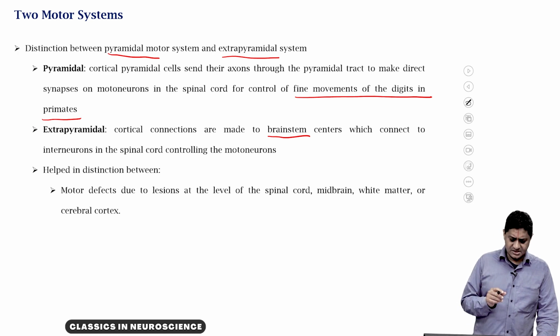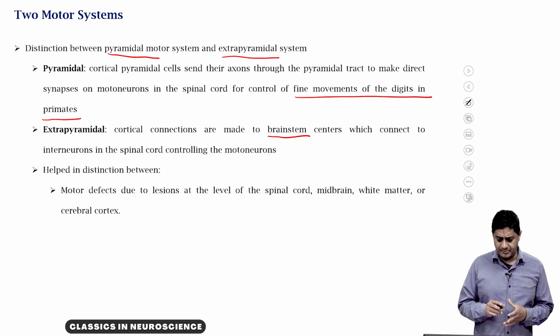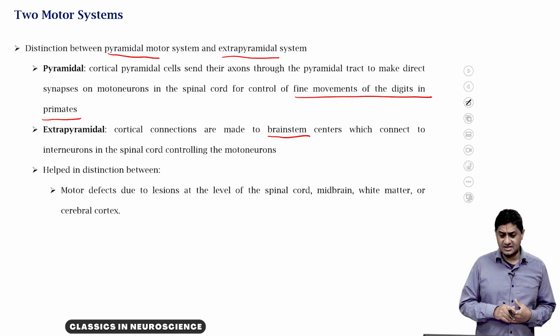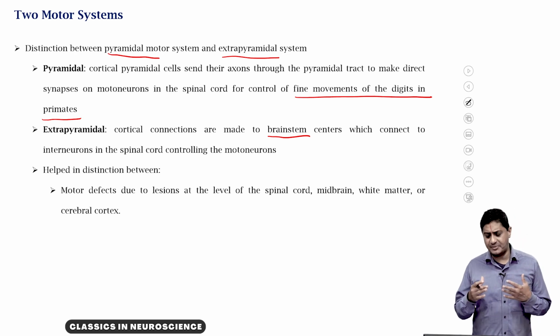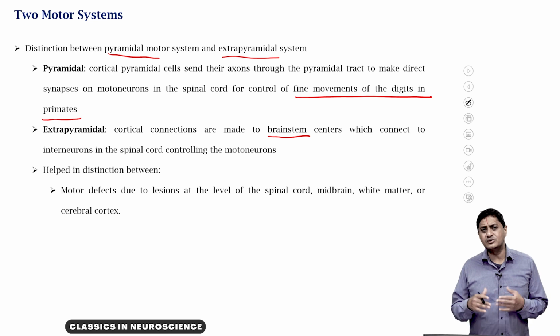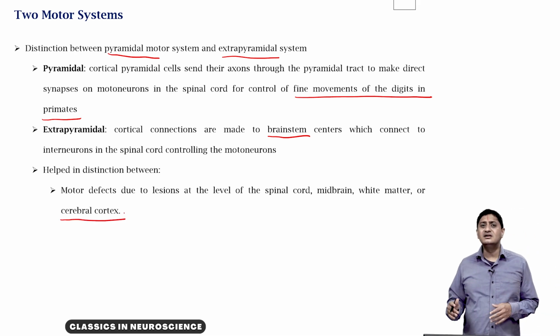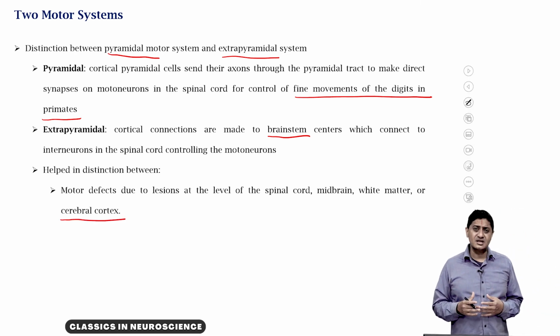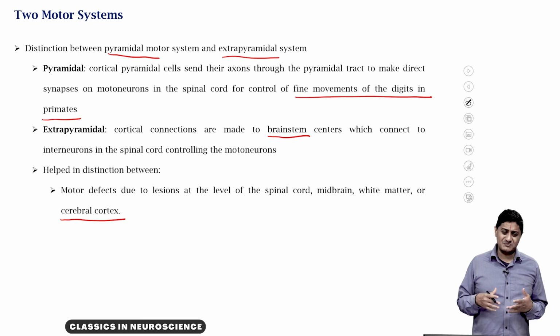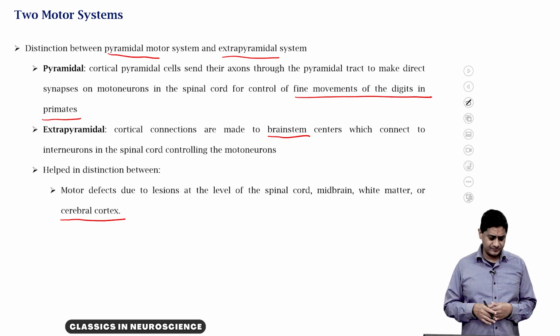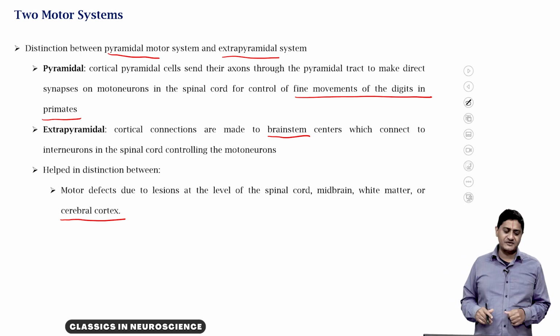This is critical because it is useful to distinguish between the motor defects that happen due to lesions at the level of the spinal cord, due to lesions at the level of the midbrain, due to lesions in the white matter, and due to lesions in the cerebral cortex, because these are different types of disorders and the symptoms are different. That means that the therapeutic approach is different. So, it is useful to distinguish between the two.